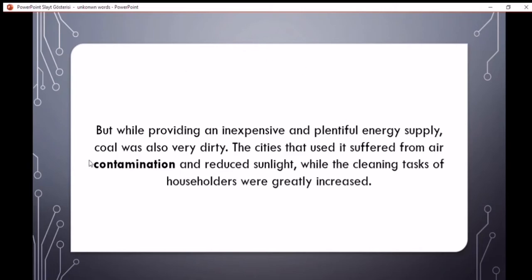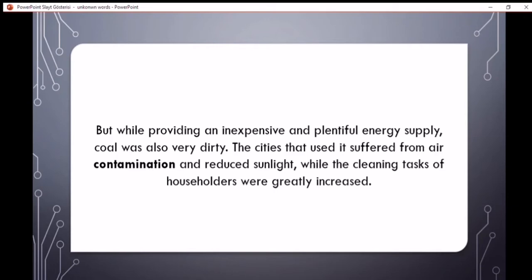Second, air contamination tells us that air contamination is a chunk and contamination is a noun that's directly connected to air. Third, yes, find out how the word affects the other words, and it's directly connected to air contamination and is something that cities suffer from. So it's something negative. I'm making an educated guess because it talks about coal, it says very dirty, and cities suffer from it.